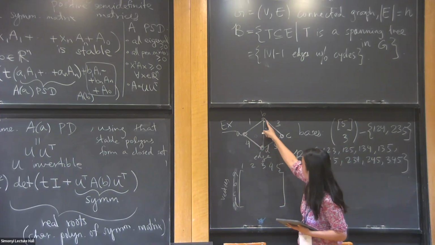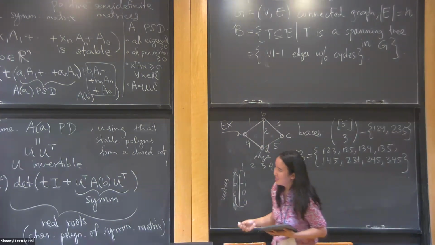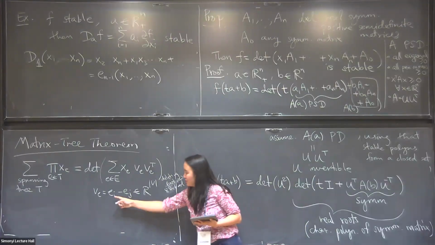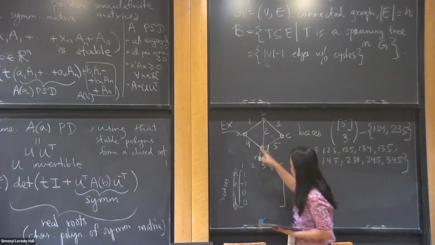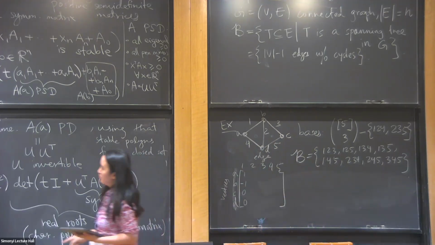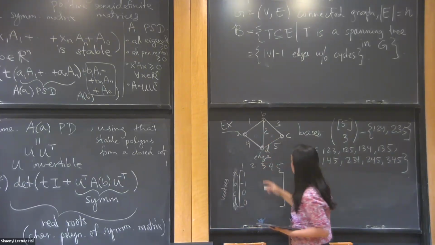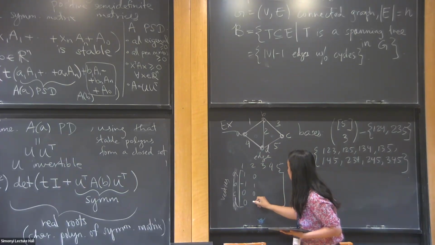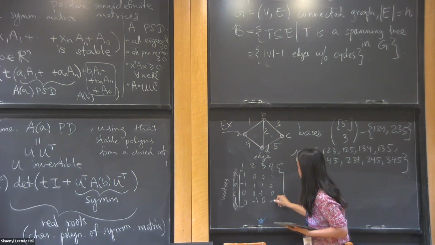My first edge is between A and B. I'm just giving the vertices some arbitrary ordering, and giving them 1, minus 1 or minus 1, 1. It doesn't matter, because when you do this multiplication, it doesn't matter if you put in a negative sign. Then 2 is between B and D, 3 is between B and C, 4 is between A and D, and 5 is between C and D.